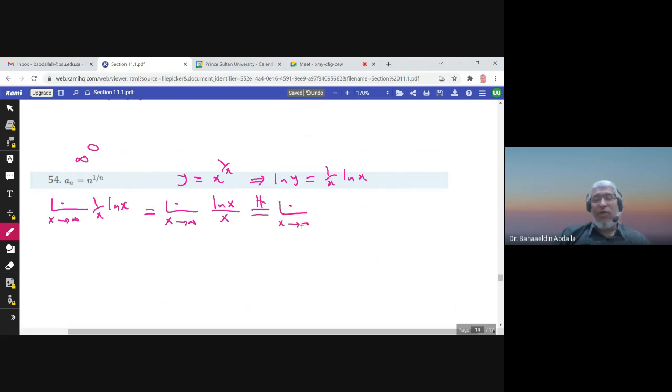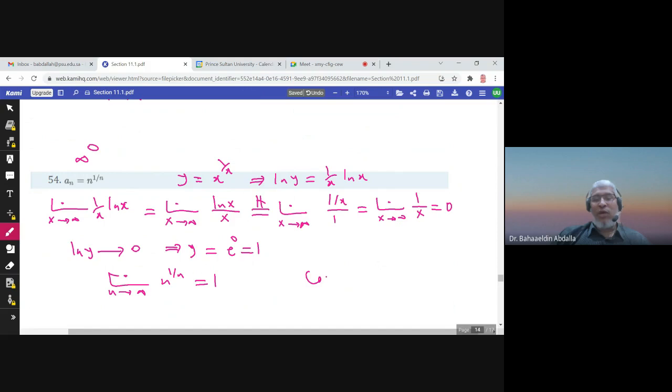The derivative of ln x is 1 over x, and the derivative of x is 1. So actually, this is the limit of 1 over x when x approaches infinity, and that's 0. So ln y goes to 0, so y goes to e to the power 0, which is 1. So the limit of n to the power 1 over n when n approaches infinity is 1, and the sequence is convergent.